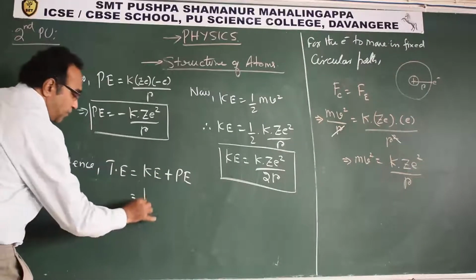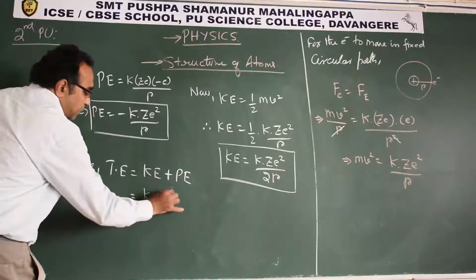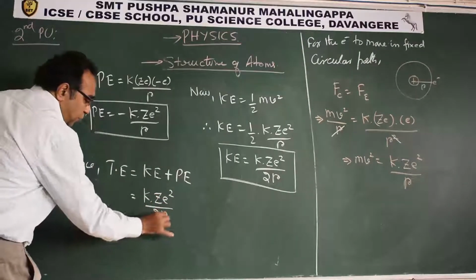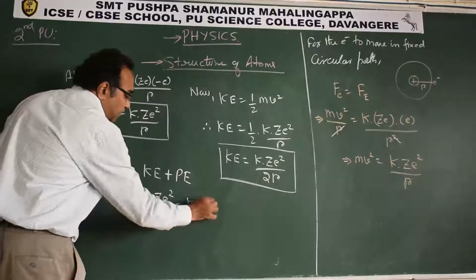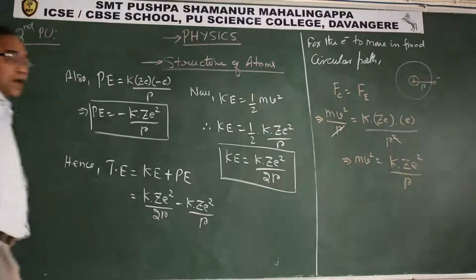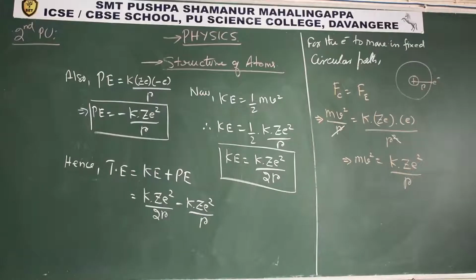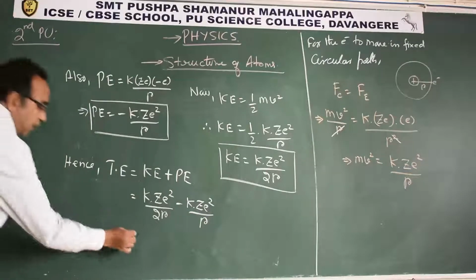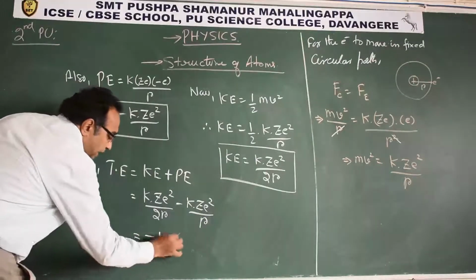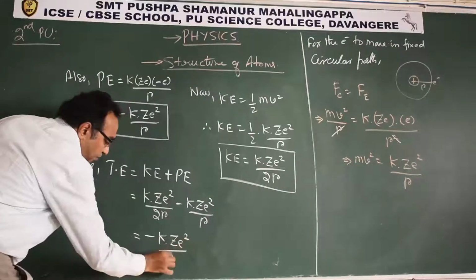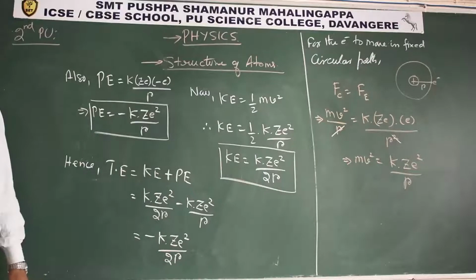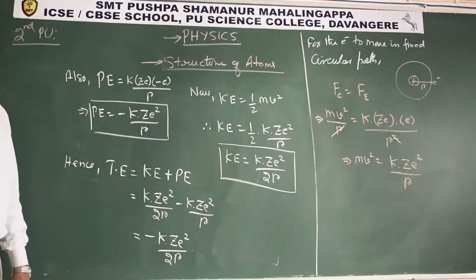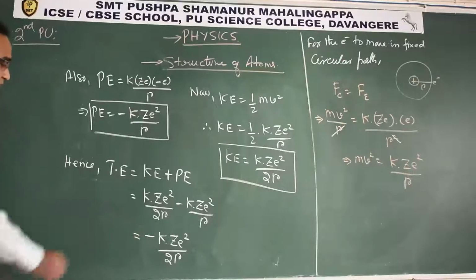So kinetic energy is how much? k Z square by 2r. How much is potential energy? Minus k Z square by r. Now if you simplify, what you will get? Minus k Z square by 2r. This is what we get. Simplify it. You will get this equation. This is total energy.